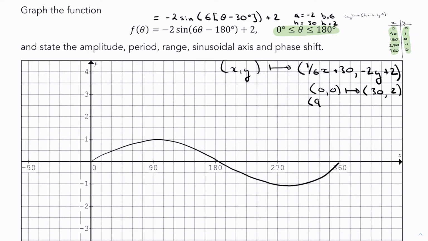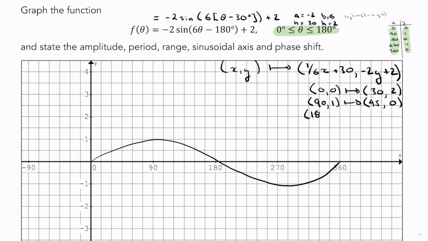The point 90, 1 is going to go to, let's see, 90 divided by 6 is 15 plus 30 will go to 45, comma 0.